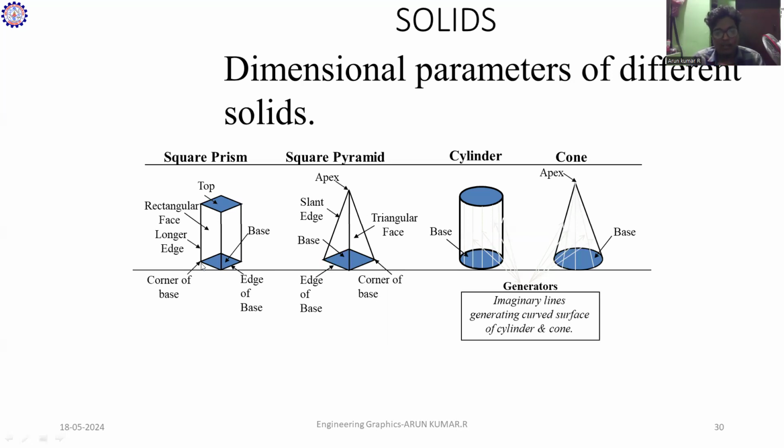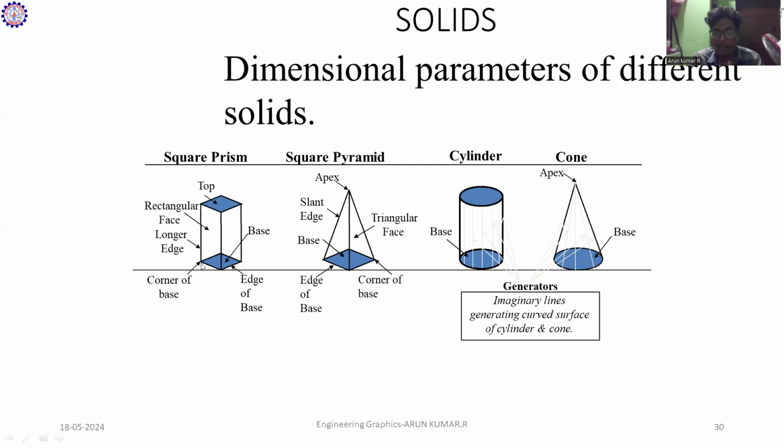Let's move on to the solids of revolution, the cylinder and the cone. A cylinder has a circle in both the base and the top.